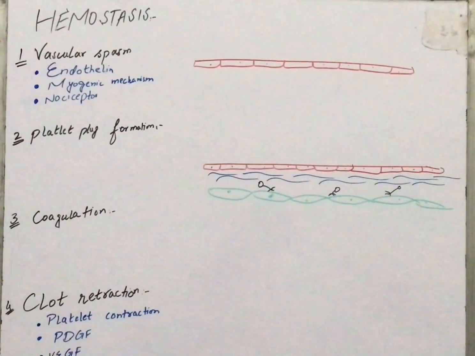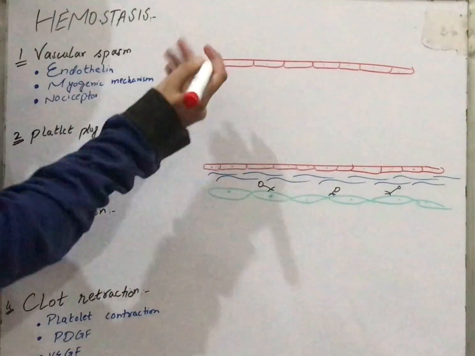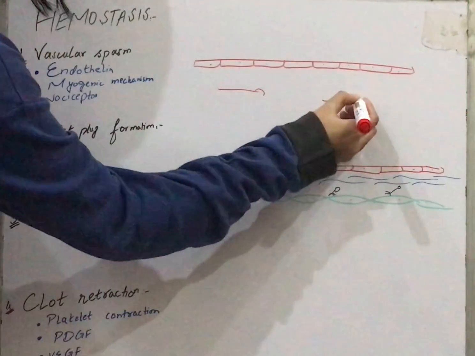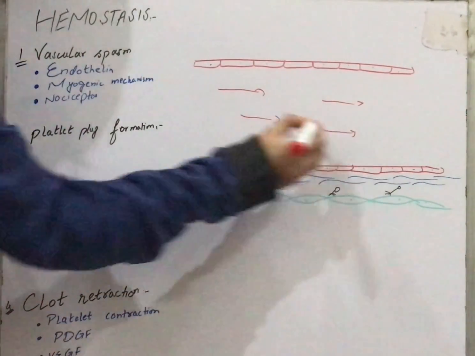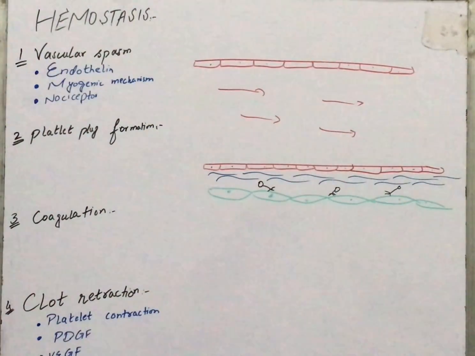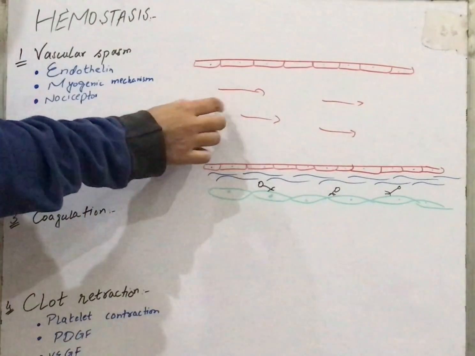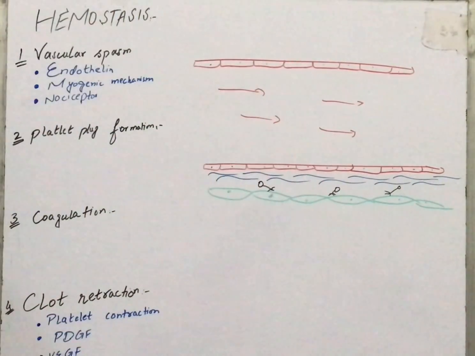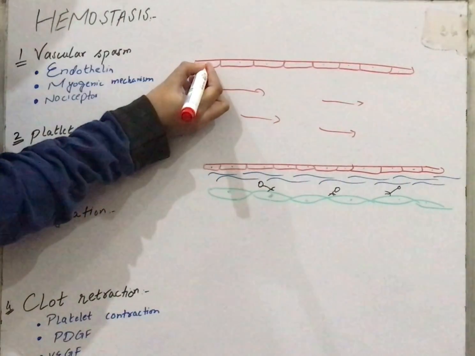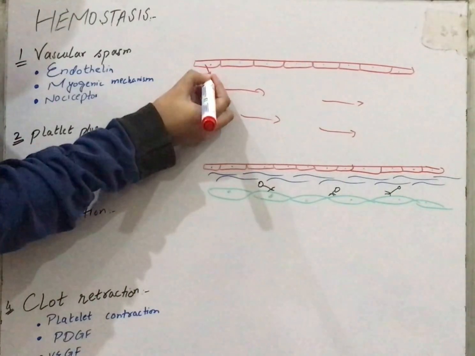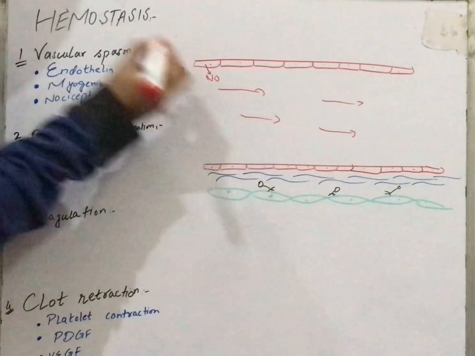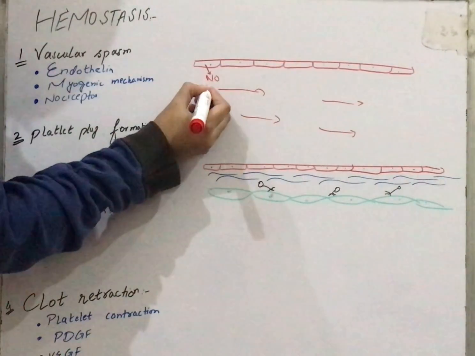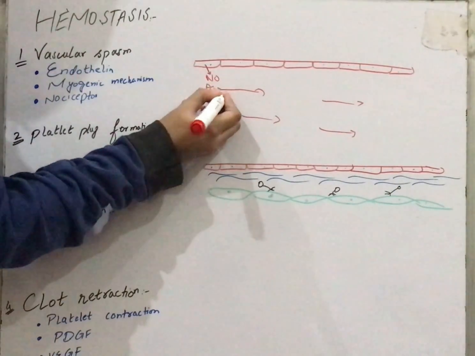Now consider our blood is flowing through the blood vessel, and there is no clot formation. Why is this blood flowing? Because our endothelium is secreting 2 substances, nitric oxide and prostaglandins.